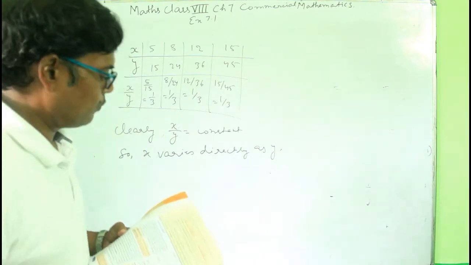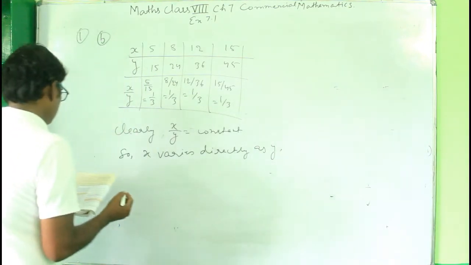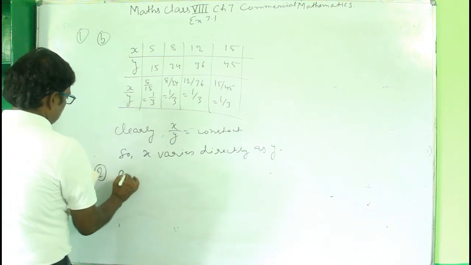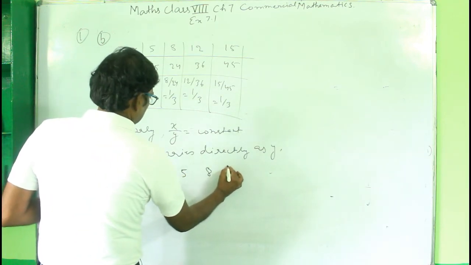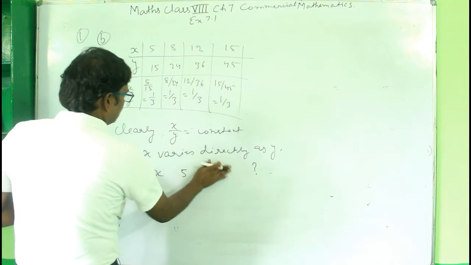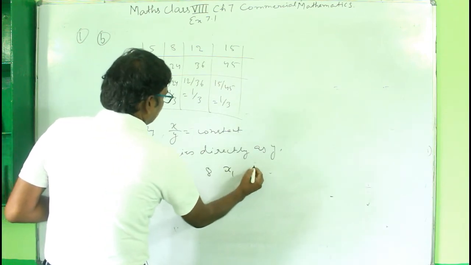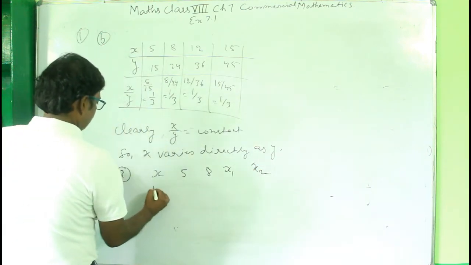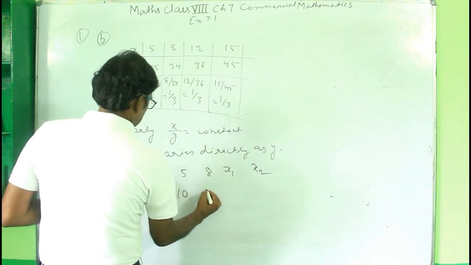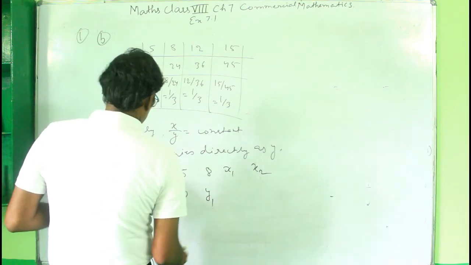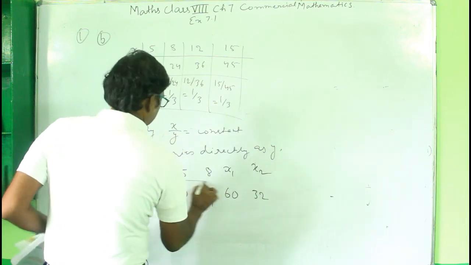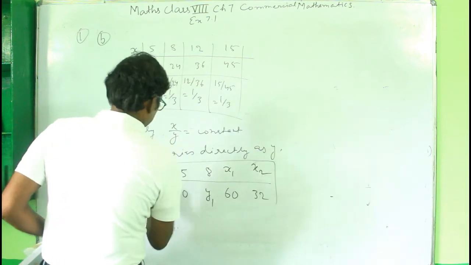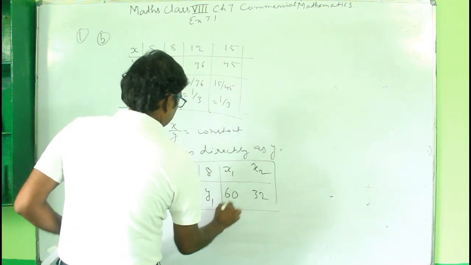In question number 2, A, here you have x as 5, 8, x1 and x2, and y as 10, y1, 60 and 32.